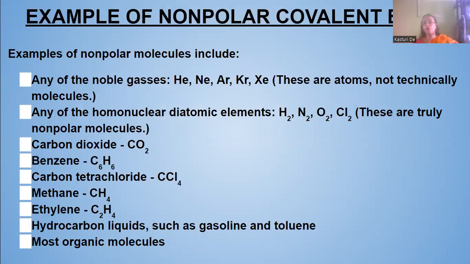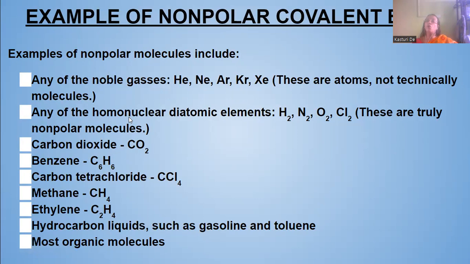Examples of non-polar covalent bonds: any noble gas like helium, argon, neon, krypton, xenon. These are atoms, not technically molecules. But as their octet is full, with the outer valence shell full, they will behave as molecules.